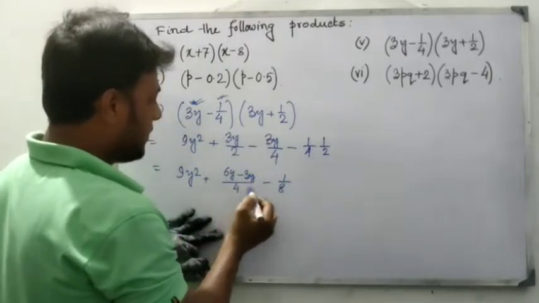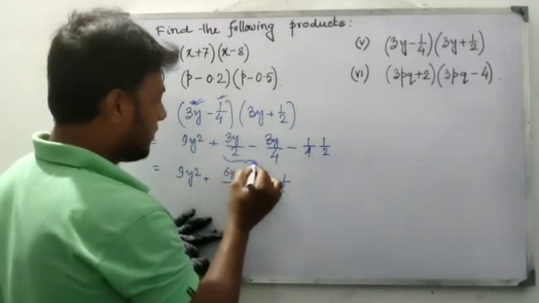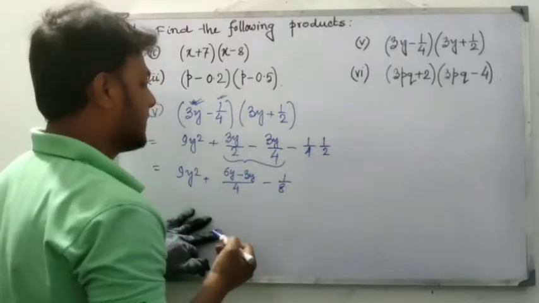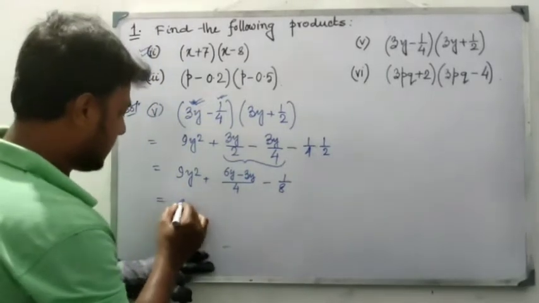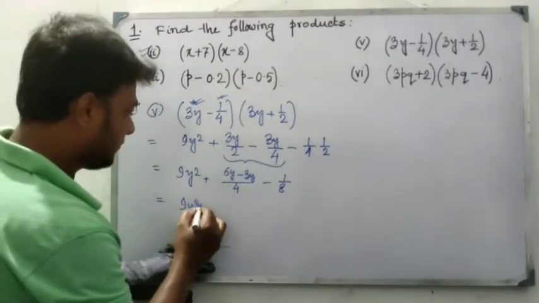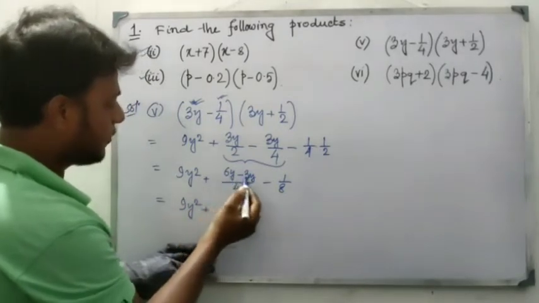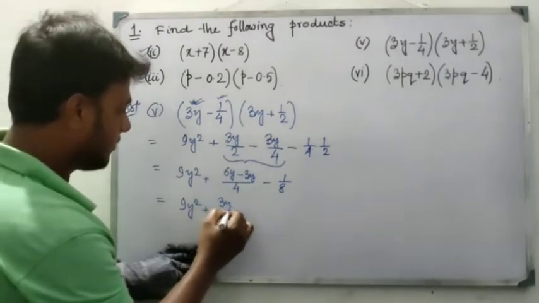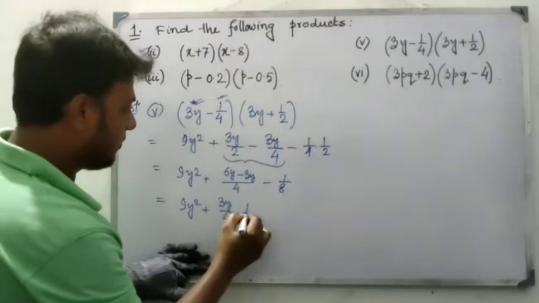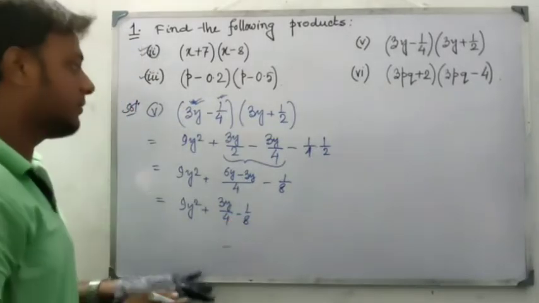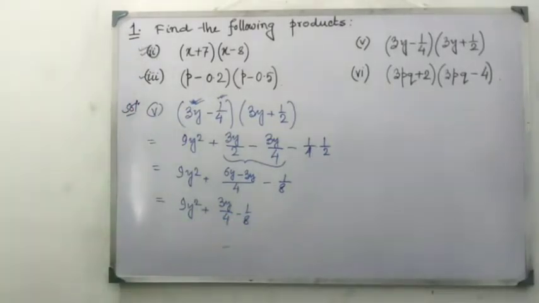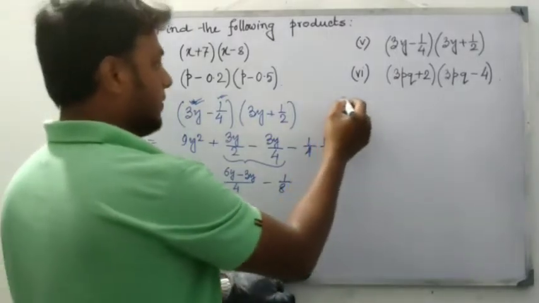Actually this part is for these two terms. Okay, look at that, 9y square plus 6y minus 3y, that means 3y by 4, minus 1 by 8. This completes the solution.